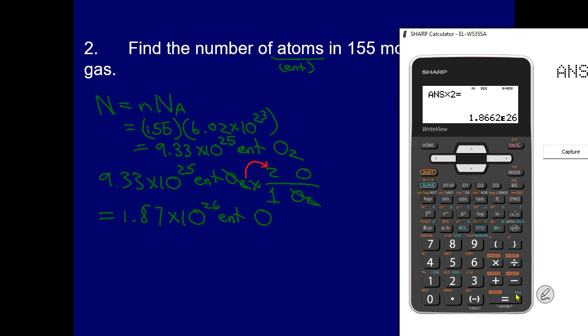We've learned 2 things here in this lesson. We've learned how to use the triangle to calculate entities from moles using Avogadro's number.